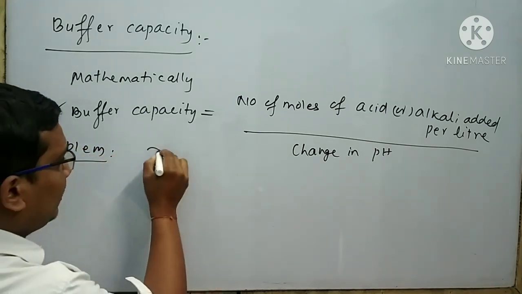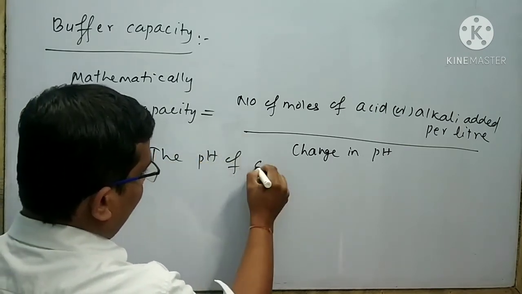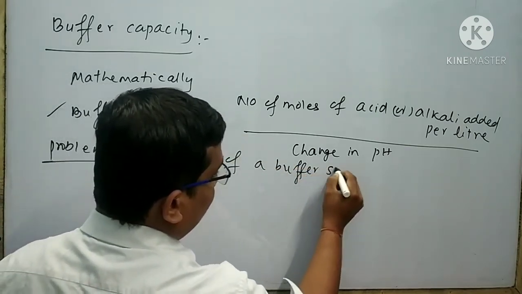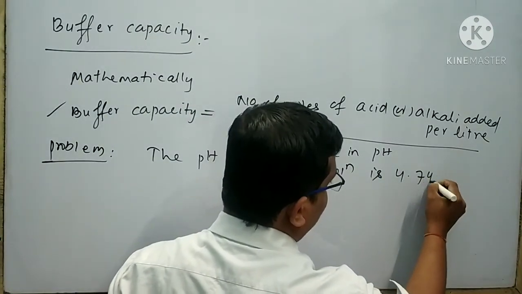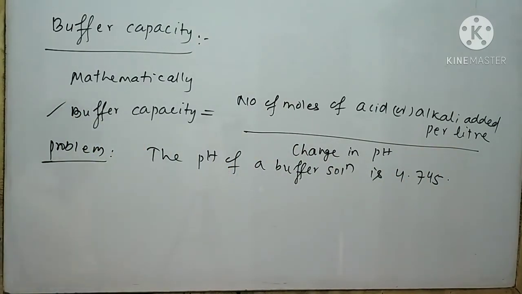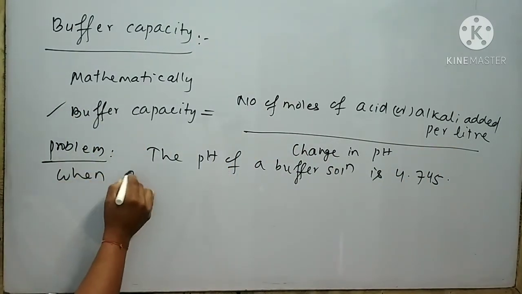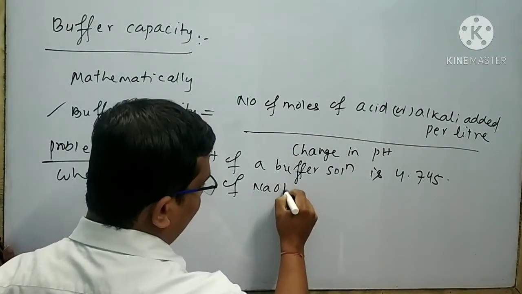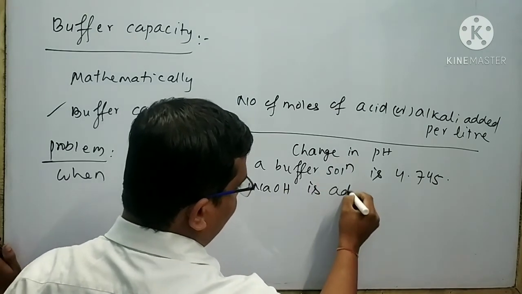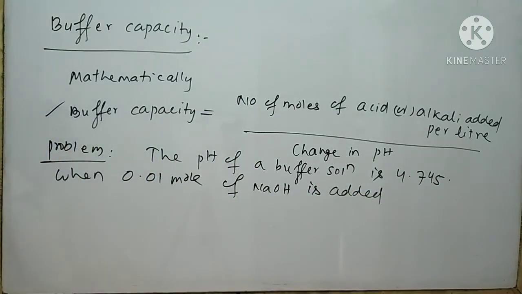The pH of a buffer solution is 4.745. When 0.01 mole of sodium hydroxide is added, the pH changes from 4.745 to 4.832. Again, I will repeat.